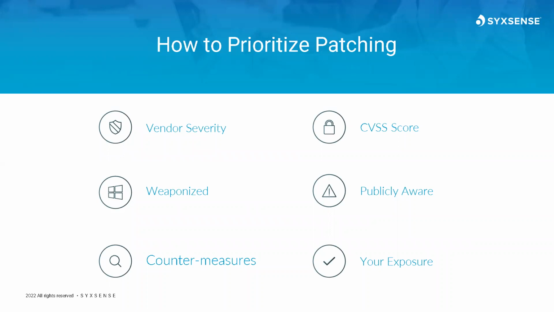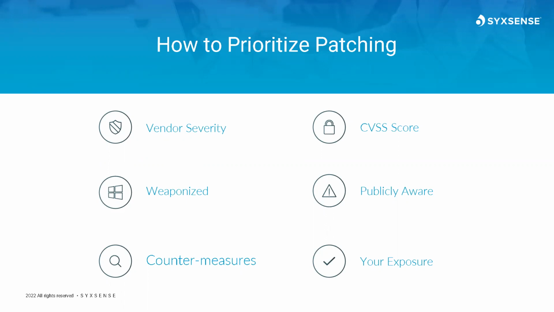Next, we look at the state of the vulnerability, and we have 2. First is called weaponized. If a vulnerability is actively being exploited, it means it's being weaponized. Just because a vulnerability is weaponized doesn't mean that it is so easy to weaponize.